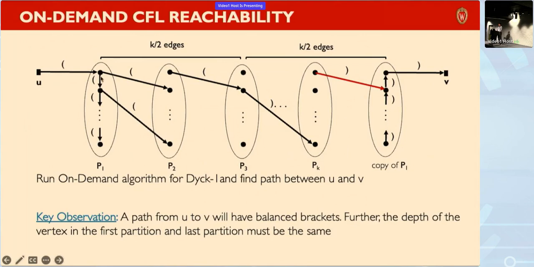The second important property is that whatever vertex is used in P1, because these brackets are balanced, you will choose the same vertex in the copy of P1, which basically means that because these are copies of each other, you will find a K-cycle in this particular graph.